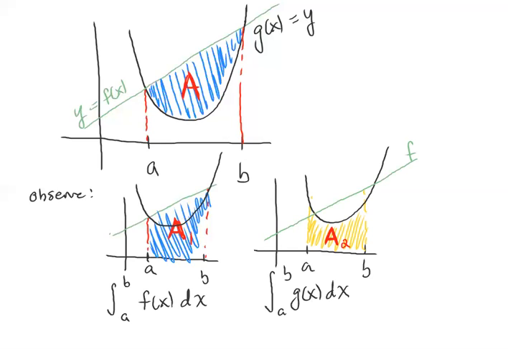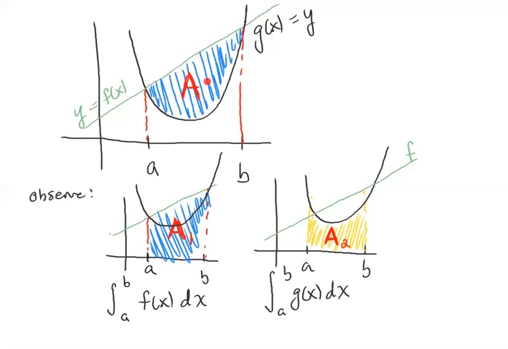It looks to me like this region here is this entire region less this region. So if I take away this region, which is the same as this region, from whatever this integral gives me, then it appears that I would have this little region here.